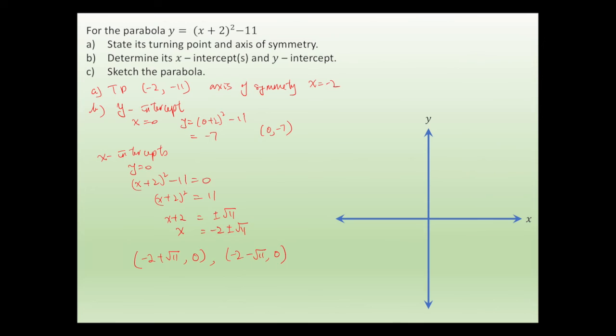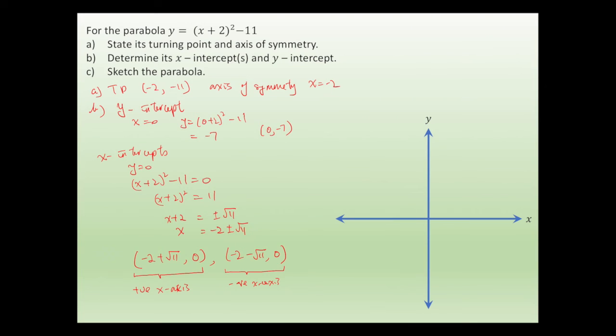Therefore, you know square root of 11 is actually 3 point something. So therefore, this point is actually at the positive x-axis. Alright? Here, it will be at the negative x-axis. So all you need to do is approximate.